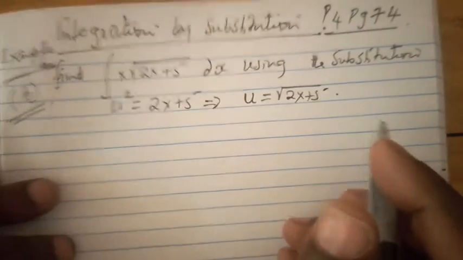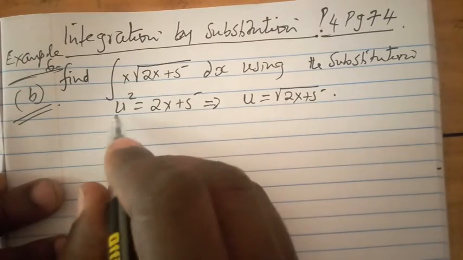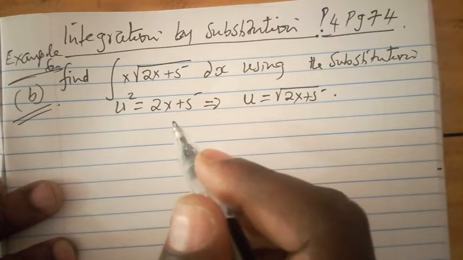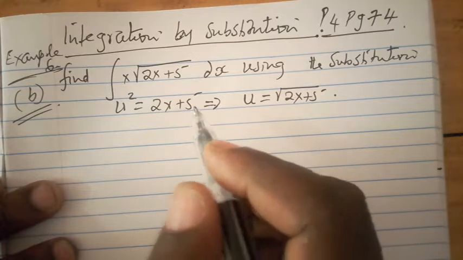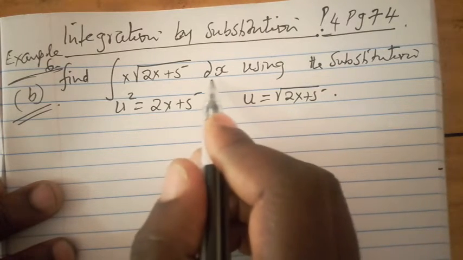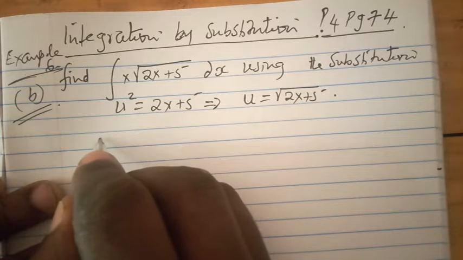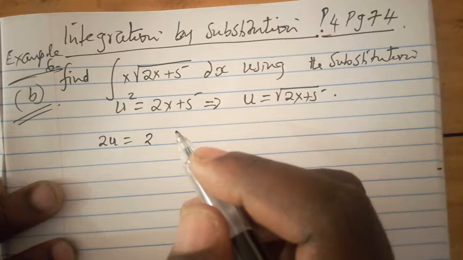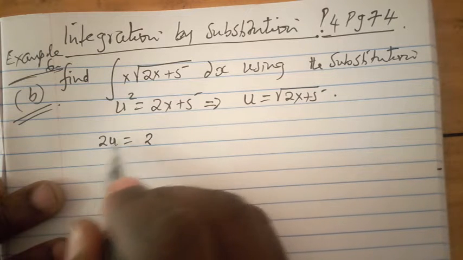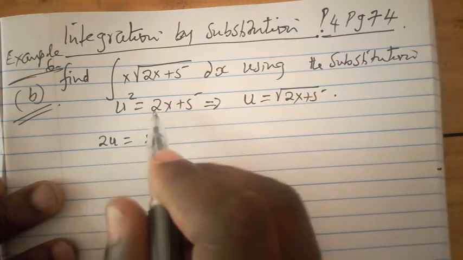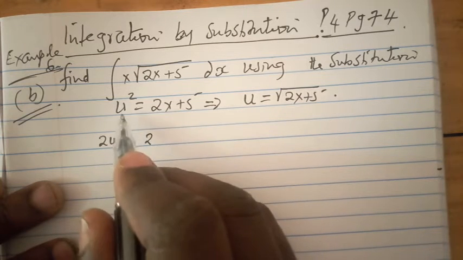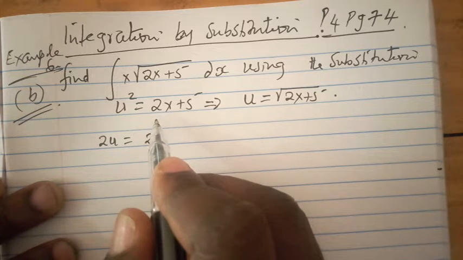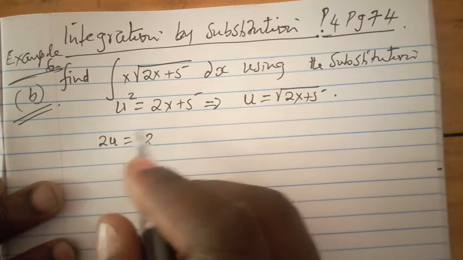Having said that, if u squared is 2x plus 5, we now get the differential of u with respect to x, because we must substitute dx. Before we get to 2u, because we are differentiating u with respect to x, it is important to apply implicit differentiation.